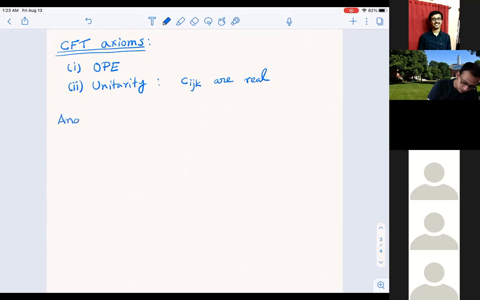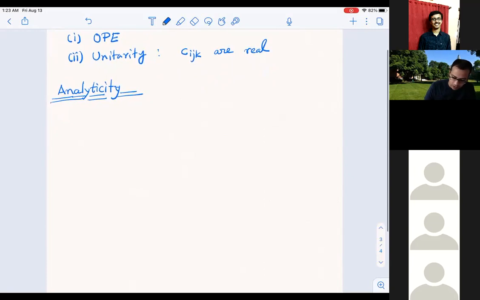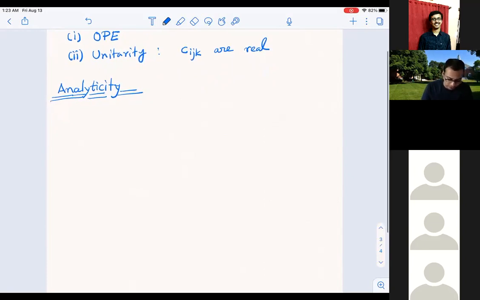Now, using these axioms, let me derive an analyticity property of the Regge correlator. This is a well-known thing, but let me still go over it.